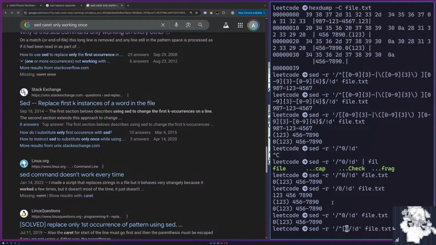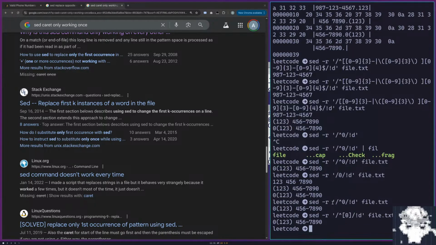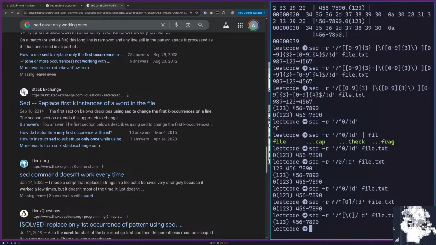So what if I have square brackets? It still works. What if the square brackets are matching an open parenthesis? That still works. Okay, we're gonna build this string piece by piece.